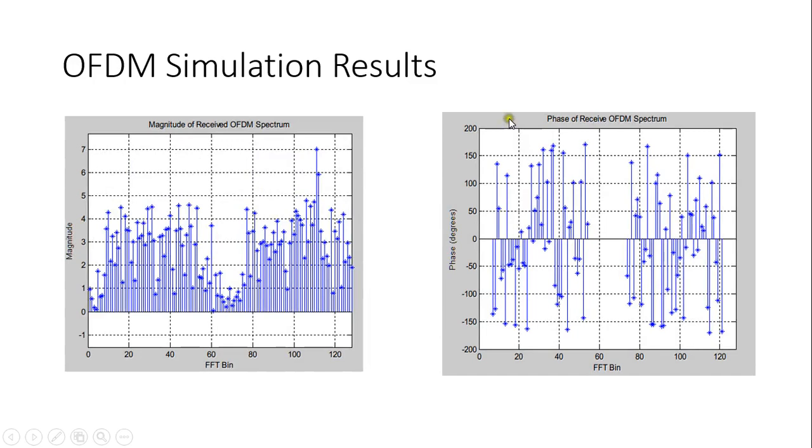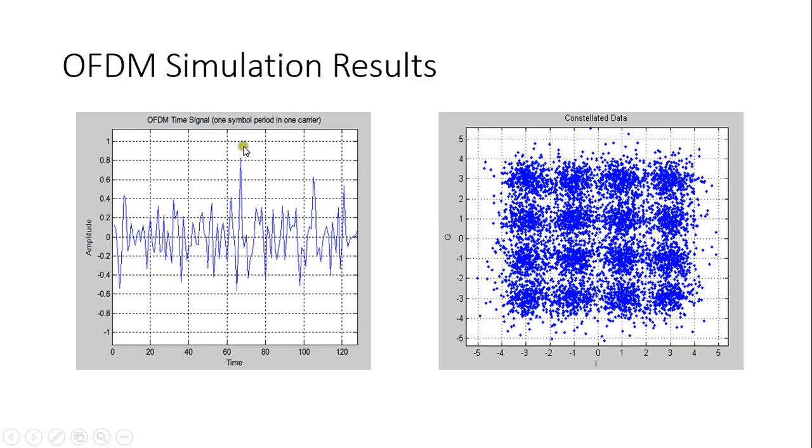And this is the received data for the OFDM receiver. The figure on the left is the magnitude of the received OFDM spectrum, and the figure on the right is the phases of the received OFDM spectrum. And on the left is the time signal for one symbol period in one carrier, and the figure on the right is the consolidated data for the OFDM receiver.